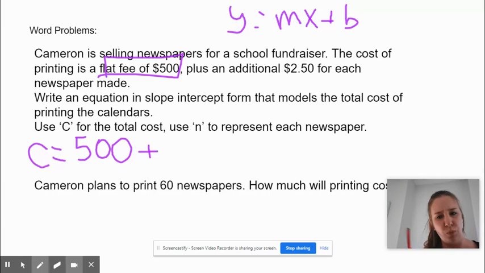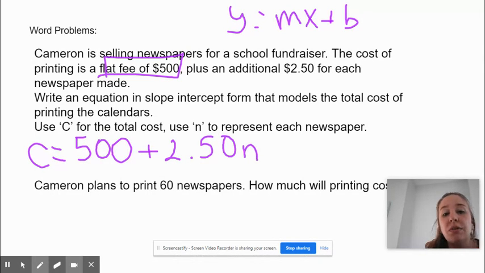If it's one newspaper, it would be $500 plus the $2.50 for that one newspaper. If they print two newspapers, it would be $500 plus $2.50 twice, so $500 plus $5 for the two newspapers, but we don't know how many newspapers. So we're just going to say 500 plus $2.50 for each newspaper. And that's really it.